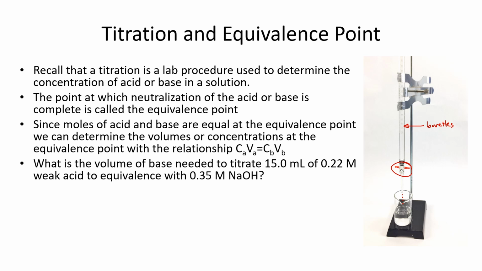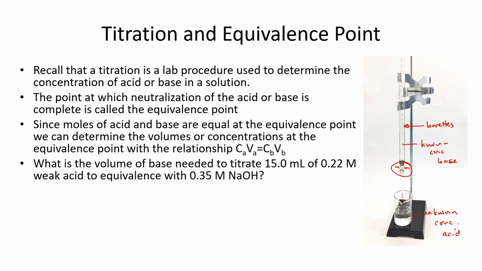And so what you do is if you have an unknown concentration of an acid down here, you can add a known concentration of a base from up here, and then when you get to the equivalence point, the point at which the solution is neutralized, then you can tell the concentration of the unknown from the amount of the known that you used.